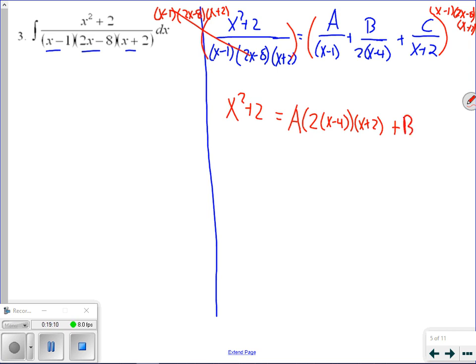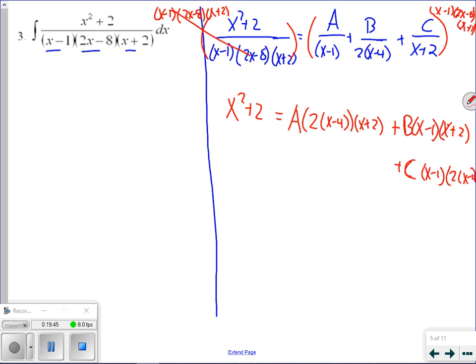I'm left with the x minus 1 and the x plus 2. And for the C term, I cancel out the x plus 2, and I'm left with C, and then x minus 1 and 2x minus 4. Compared to the last problem, this looks like a lot more because we have 3 unique factors, so it looks a little bit uglier, but it's still solved the same way.